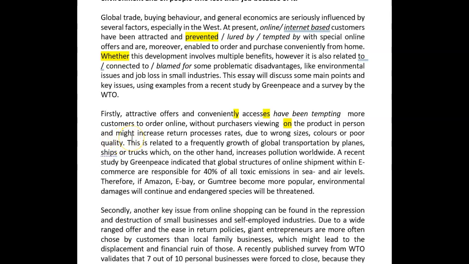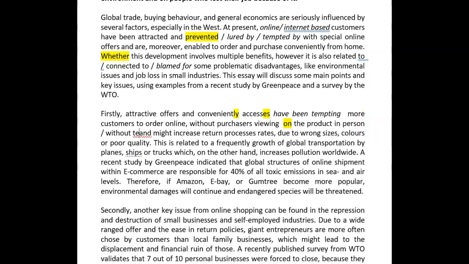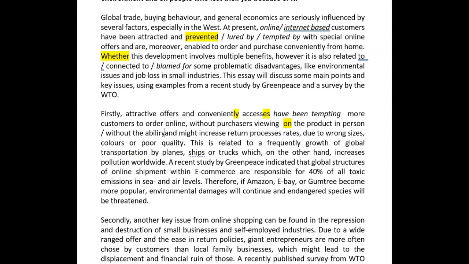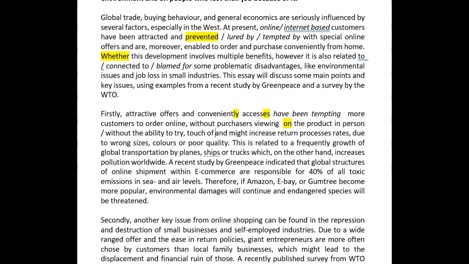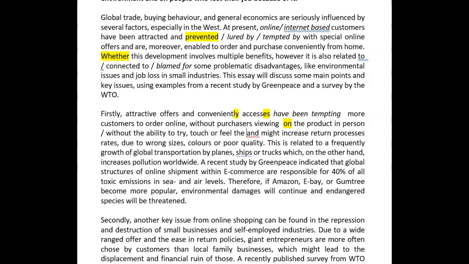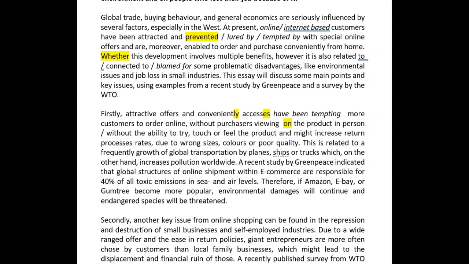And okay, purchase online. That the ability to try. Why don't you do this? Try, touch, feel. Alright, we're still using nice language.